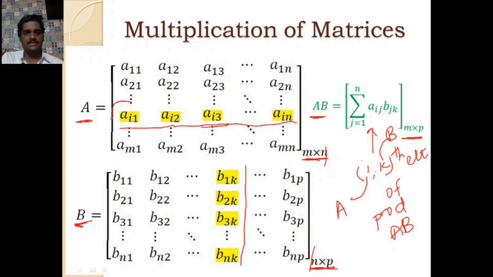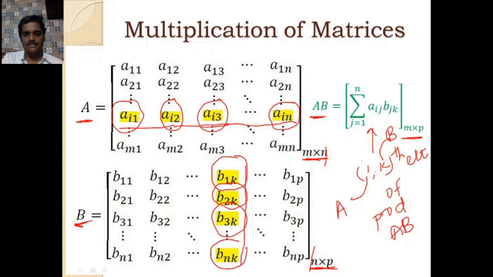Multiply means this first element Ai1 multiplies with B1k. This Ai2 will multiply with this B2k. This Ai3 will multiply with B3k. And like that, it will go up to the last element, that is Ain will multiply with Bnk. You all can see the first index of this element is fixed. Everywhere it is i. But the second index is varying from 1 to n.